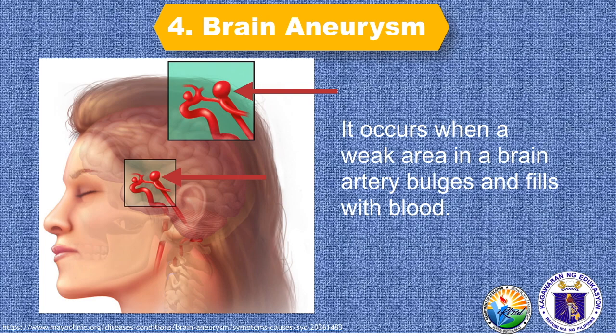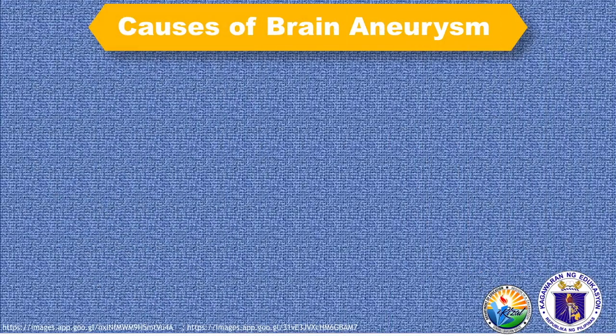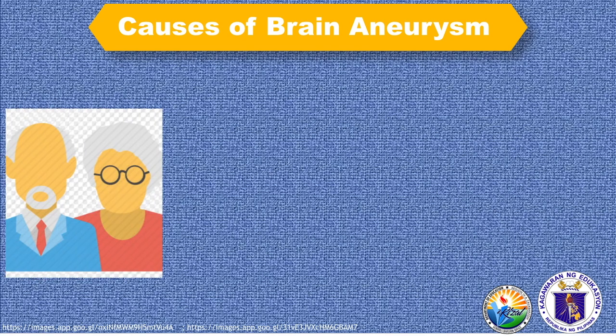So now let's identify what causes brain aneurysm. Just like any other brain disorder, experts also said that the causes of brain aneurysm are unknown. But there are a range of factors that can increase the risk for brain aneurysm. So these risks may include old age.